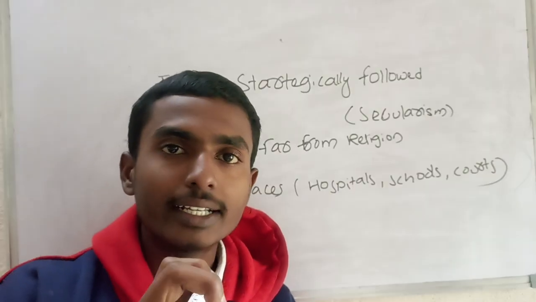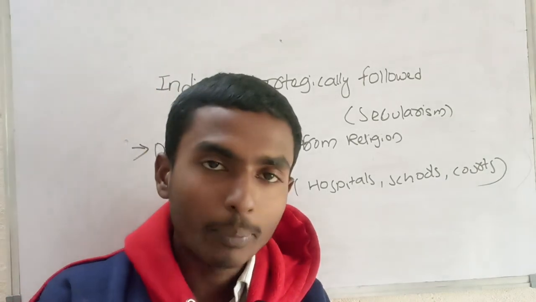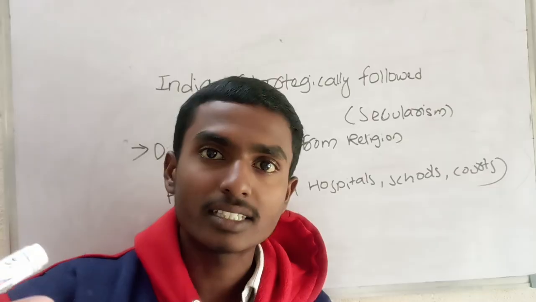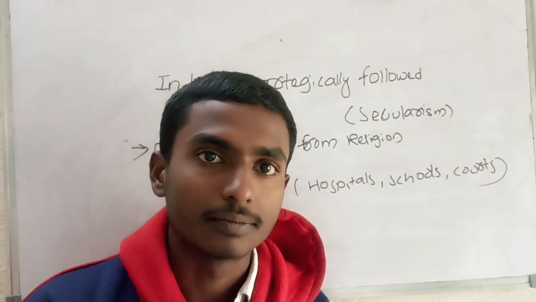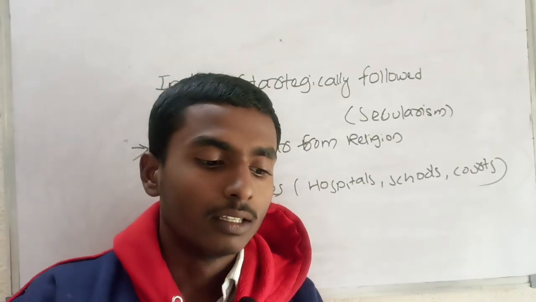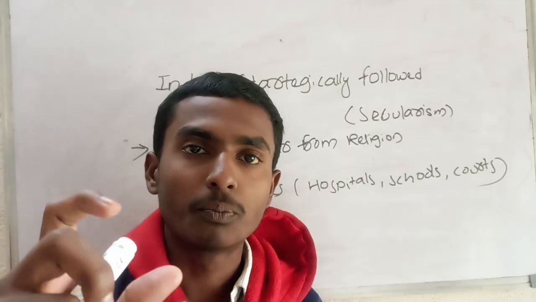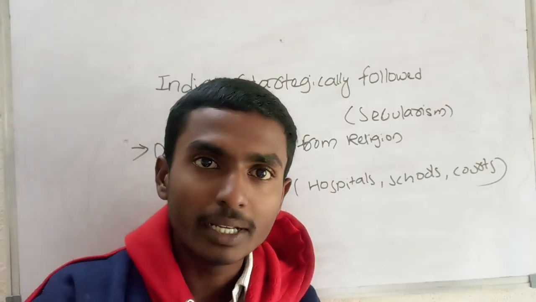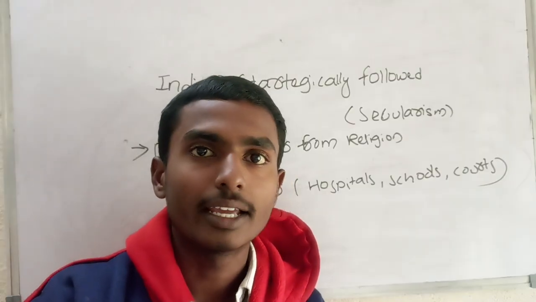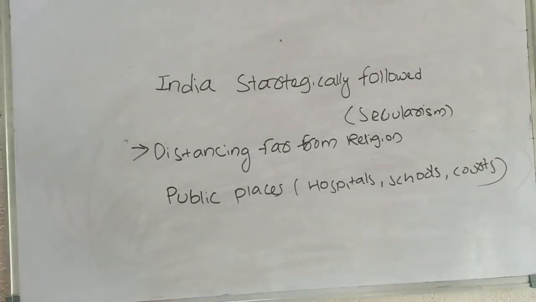Everyone should be treated equally, and no state should officially declare a particular religion as its official religion. Suppose in one state there are three religions, and one religion is the majority in the population. Because of that majority, the state does not make it official, unlike Saudi Arabia. This is the first one, distancing far from religion.